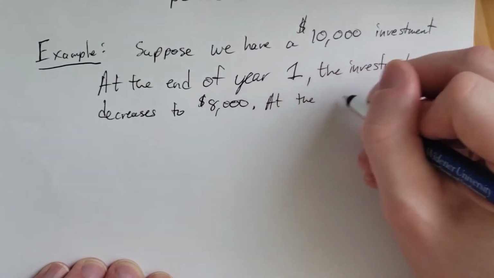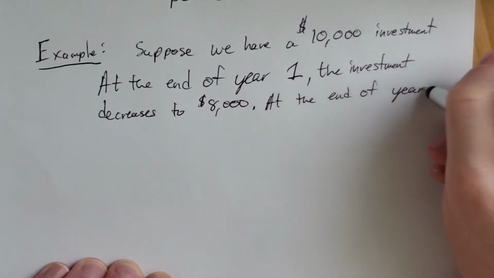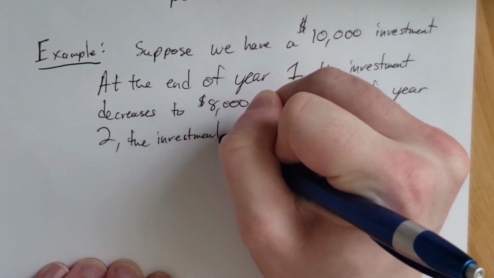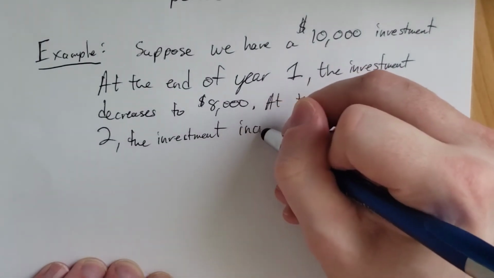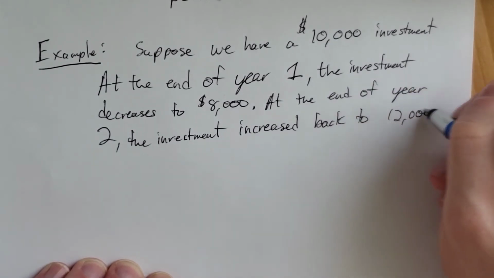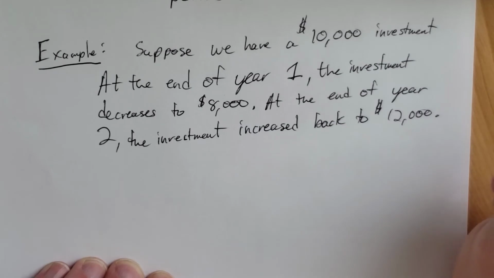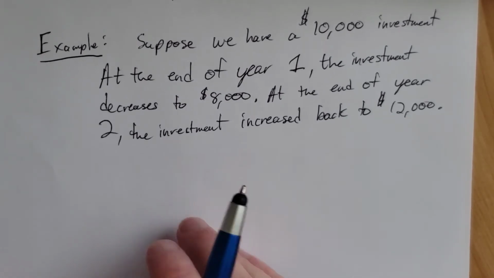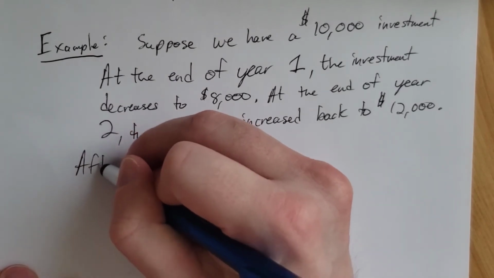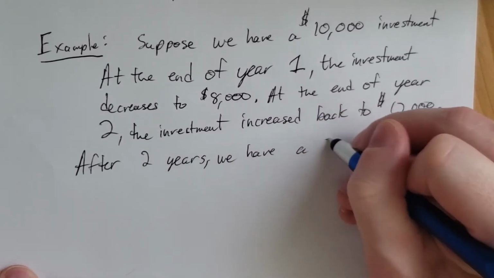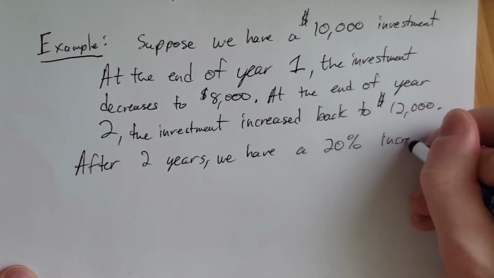At the end of year 2, the investment increased back to $12,000. So back above our original investment. So after 2 years, we have a 20% increase from the original investment.